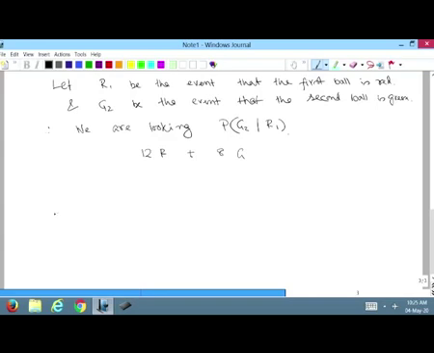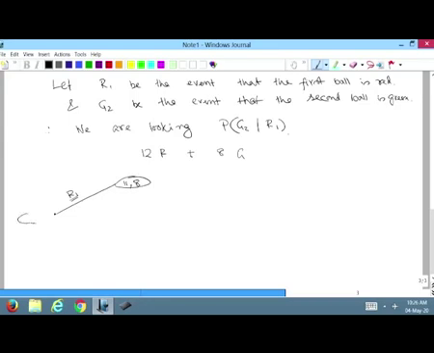Suppose the first one is red, then after taking out the first ball, the configuration of the bag is going to be 11 red plus 8 green.